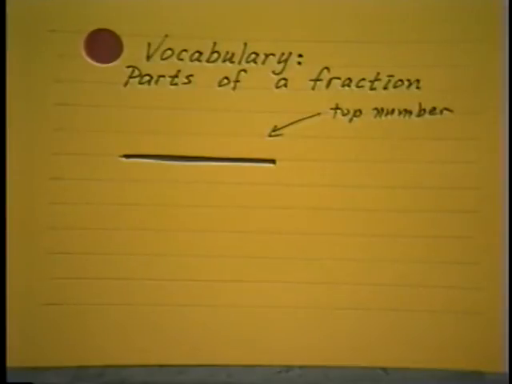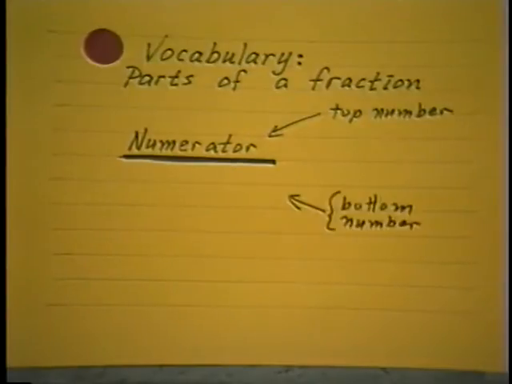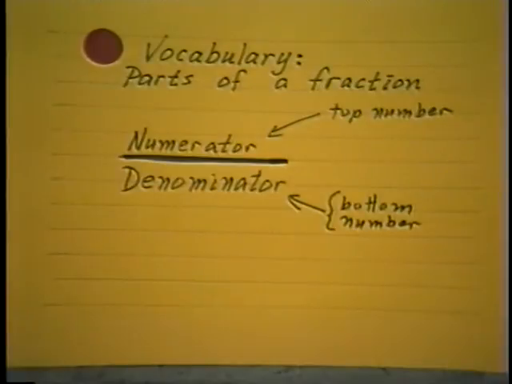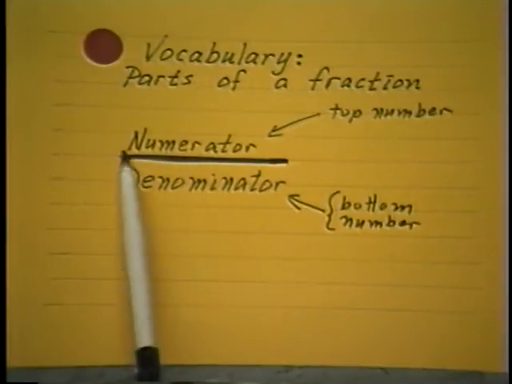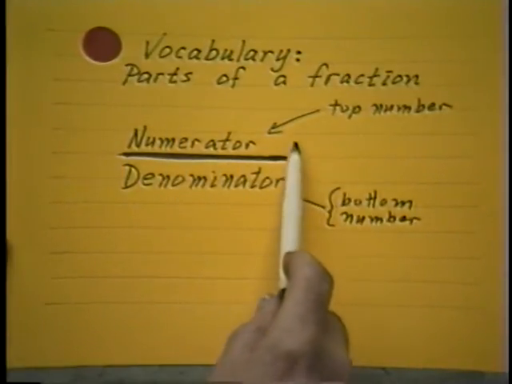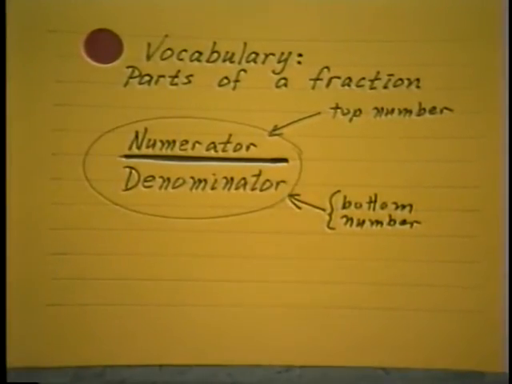A top number, which is more formally called a numerator, and a bottom number, which is more formally called a denominator. 2 numbers separated by a bar. And eventually we learn to treat this as a single number.